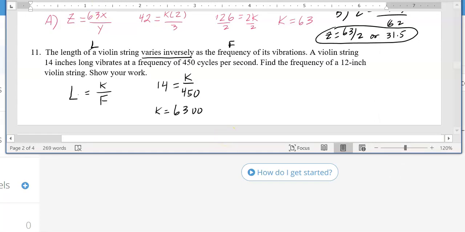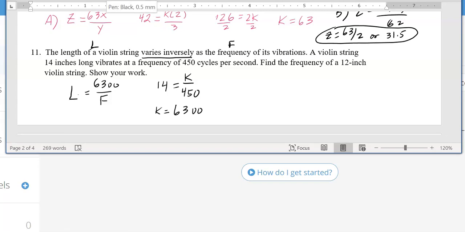All right, so now I know that for this problem, this will be the equation that I need to find either L or F, whichever one I'm asked to find, length of a string or frequency of vibrations.